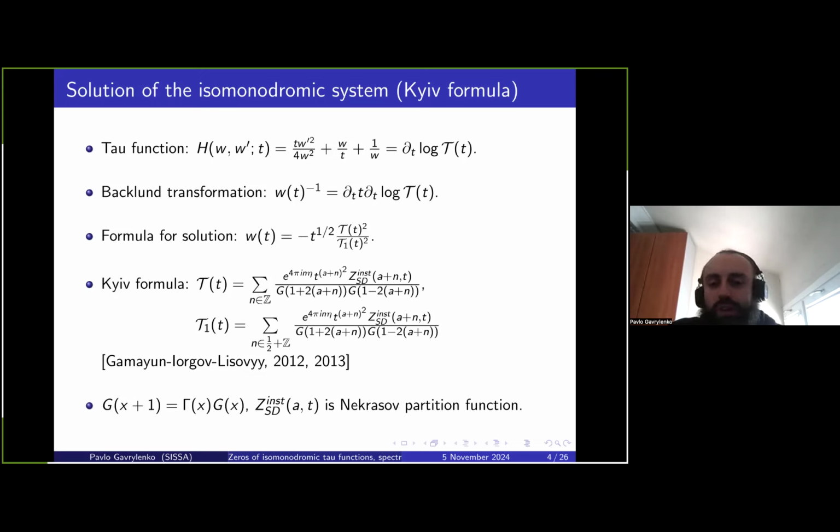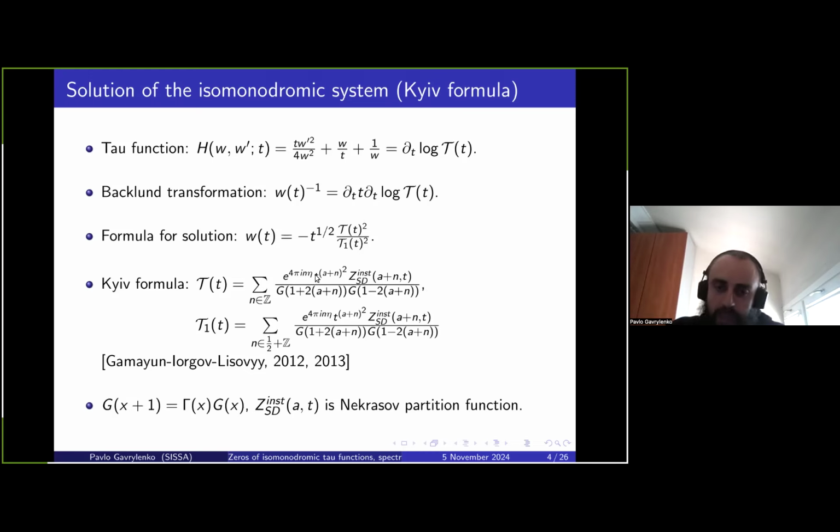So the solution for the system is written as follows. This W of t is the ratio of two tau functions, and the formulas for these tau functions are written in terms of a kind of Fourier transform of some function.